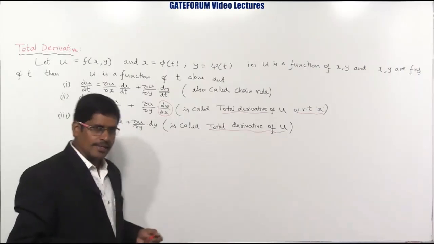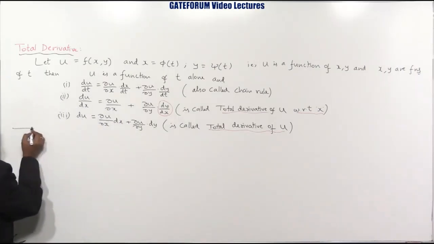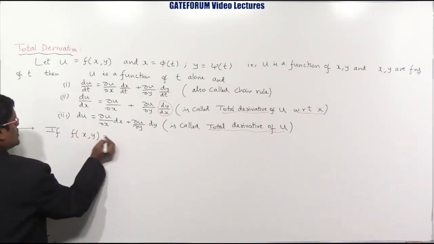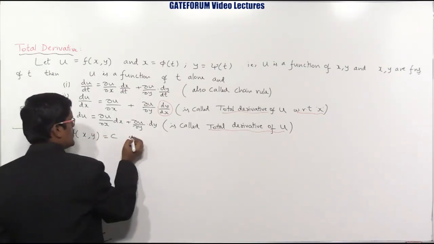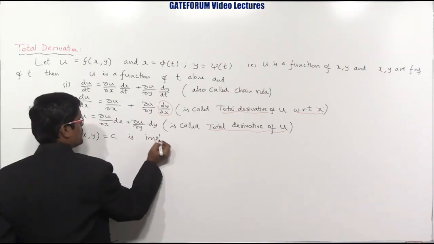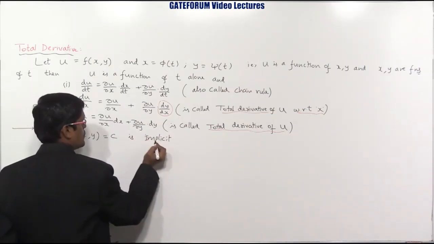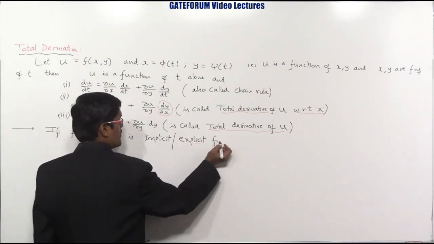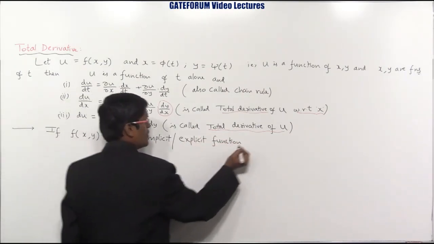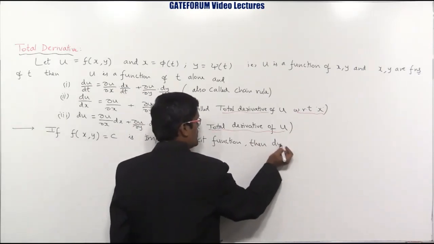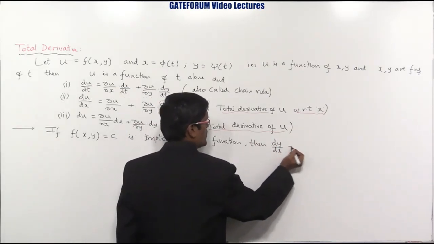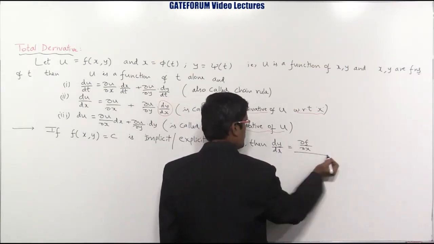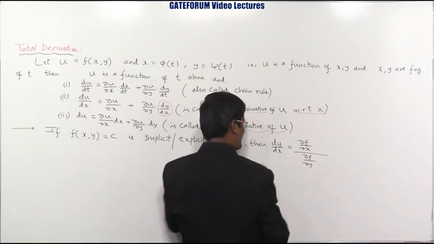How do you find dy by dx? Okay, so that I am writing here. If f of x comma y is equal to c, c means constant, is an implicit or explicit function, then dy by dx is equal to dou f by dou x divided by dou f by dou y.